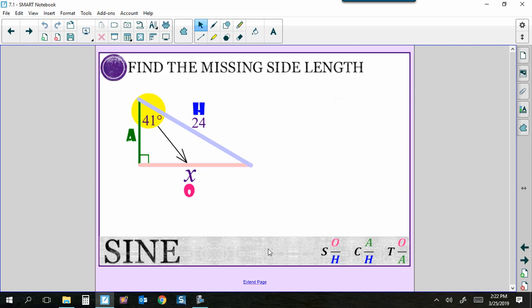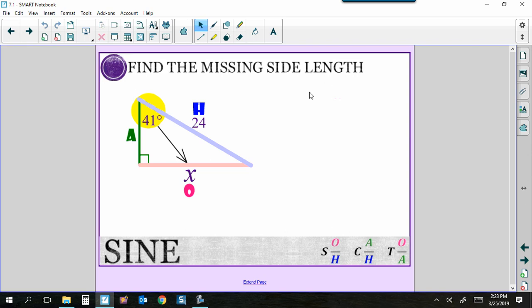So if this is going to be a sine problem, we're going to now write down our equation. If you need to flip your notes back over and look at the formula for sine, you can do that. It says sine of theta is equal to opposite divided by hypotenuse. Well, theta in this case is going to be that 41 degrees.